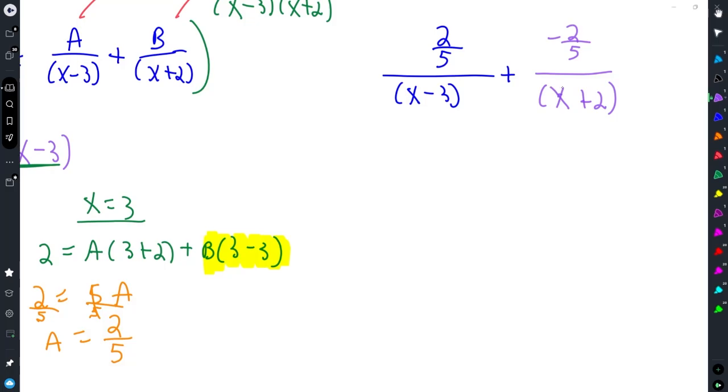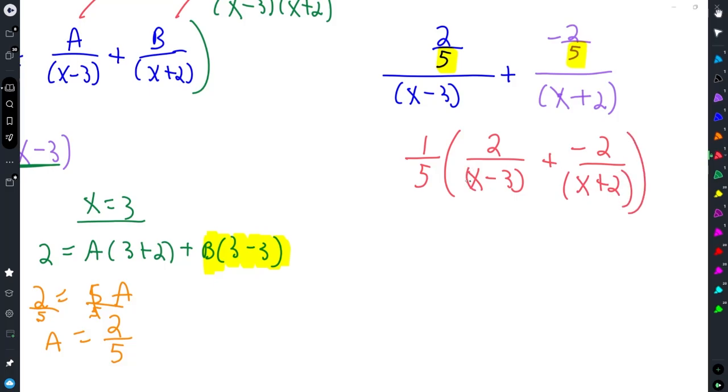Now we can't have a fraction within a fraction in the numerator. So what we're going to do is factor out a 1 over 5, or 1/5. So if I factor out a 1/5, that will leave us with 2 over x minus 3 plus negative 2 over x plus 2.